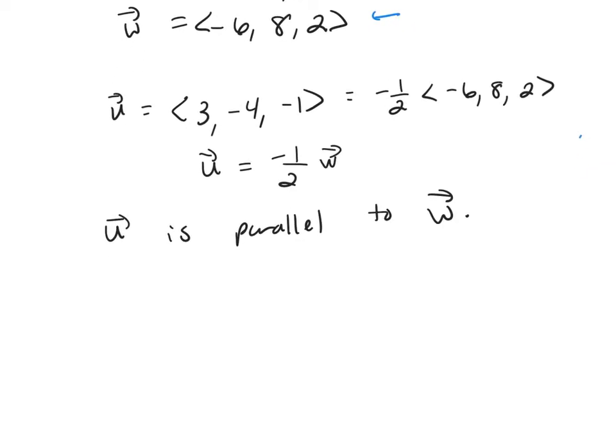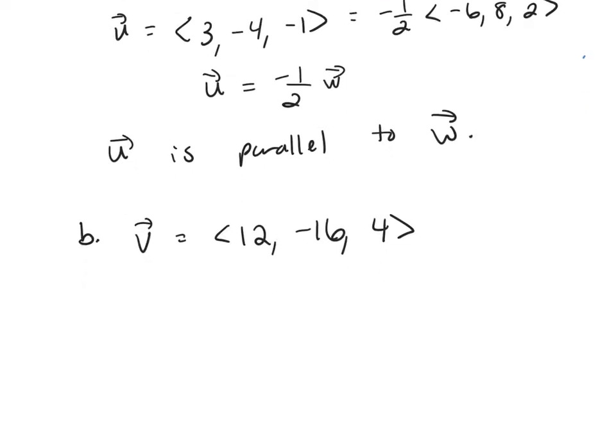All right, so now I want to ask, for the second part of this problem, is w parallel to the vector v, which would be 12, -16, and 4? So I can't tell how v and w would be related, if they even are. So let's just look at our equation here.